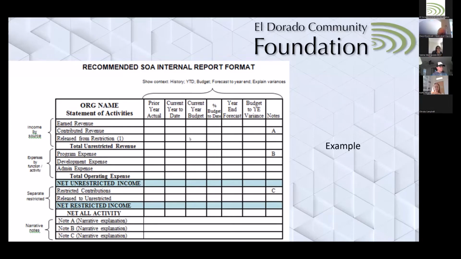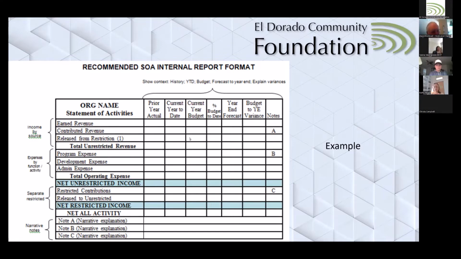We have postage and shipping, which has its own GL code. Those could then be summarized under program, development, and admin expenses. So that's the net unrestricted income that you earn after that. And then you've got to minus out anything that was restricted. So if you have any restricted contributions, those have to be put in there.